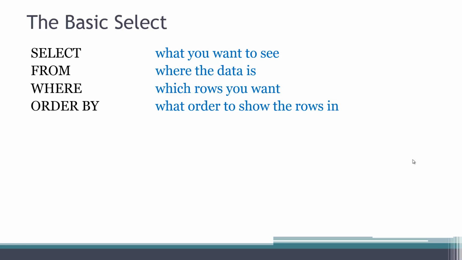The order by clause is the fourth clause that we're going to talk about, and the order by indicates to SQL Server what order the rows should be returned in, how they should be sorted. And one thing that I'm going to come back to time and time again, both in this presentation and in other presentations throughout this series, is that when you send a select statement to SQL Server, if you don't give it an order by, if you don't tell SQL Server how you want it ordered, there's no guarantee that the rows will come back in any particular order.